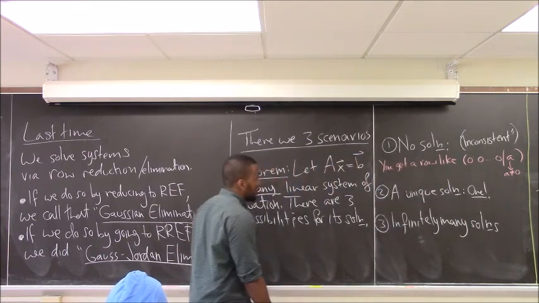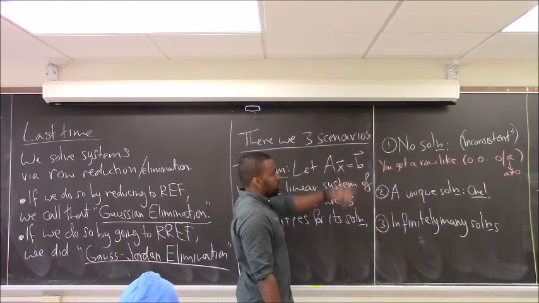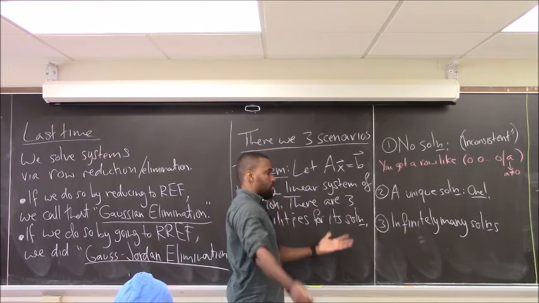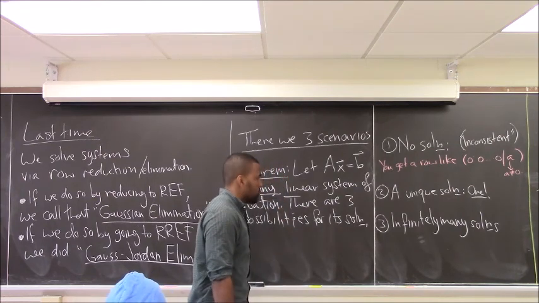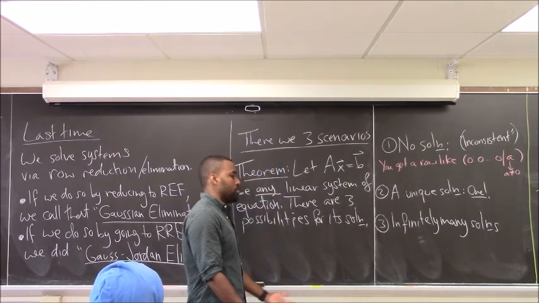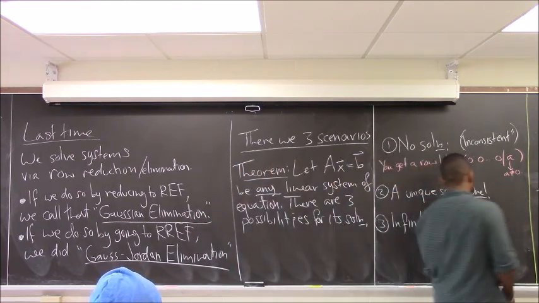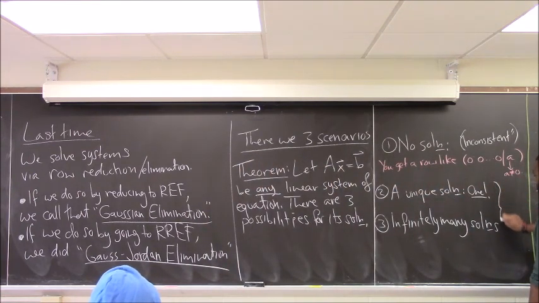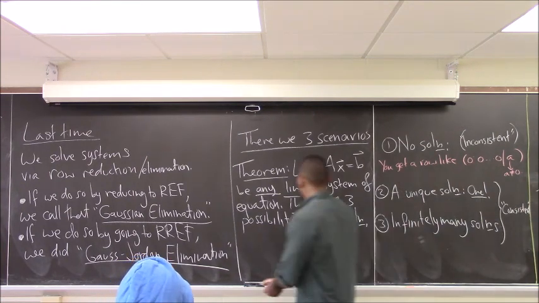An infinite amount, right? So you'll either have 0 solutions, 1 solution, or infinitely many solutions. There is no in between. You can't solve a linear system and have 5 solutions. Doesn't make any sense. So both of these situations are called consistent. But they are the only situations that will exist.